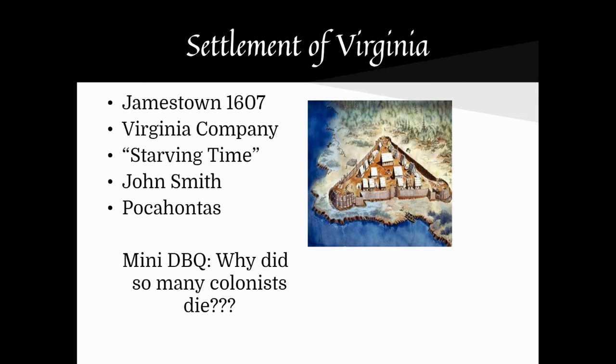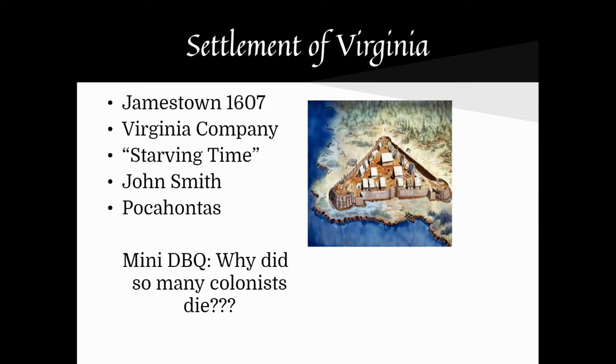There is a process called primogeniture, the idea that the oldest male son inherits the land from their father. This means that other sons in the family don't get anything. And there's also a lot of competition happening from Spain at the time. So that leads people to want to look elsewhere, to be able to get their own land.